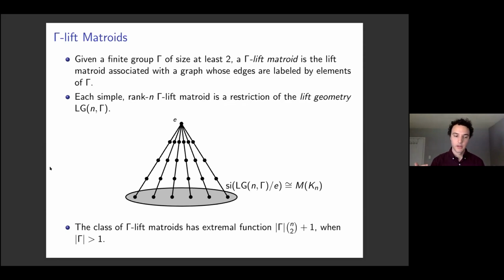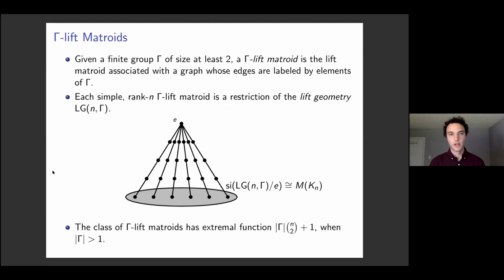So to determine the extremal matroids in quadratically dense classes, one thing we can do to deal with these two different types of examples is we can say, let's try to disallow the behavior exhibited by these gamma lift matroids. And then maybe we can show that the extremal matroids must be Dowling geometries, or at least close to Dowling geometries.